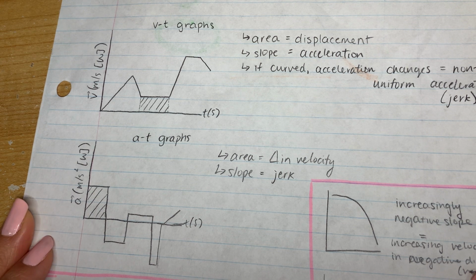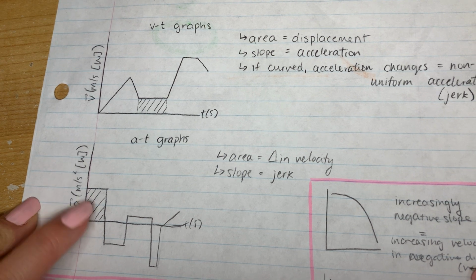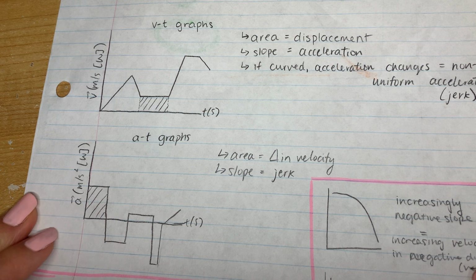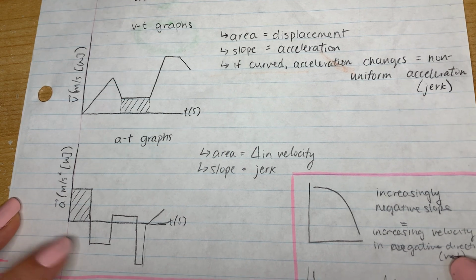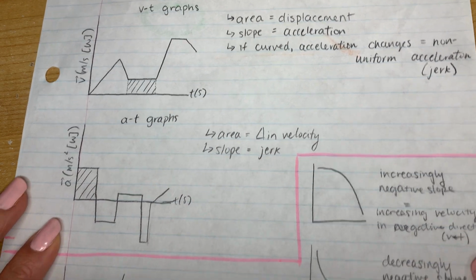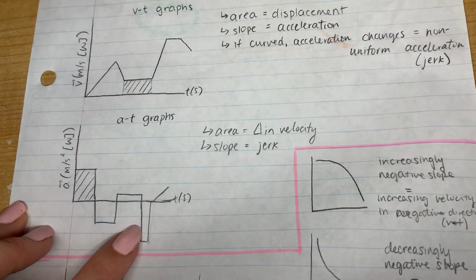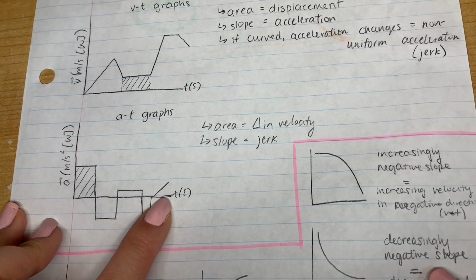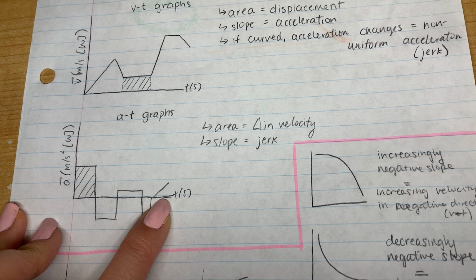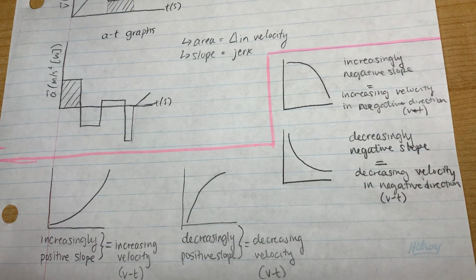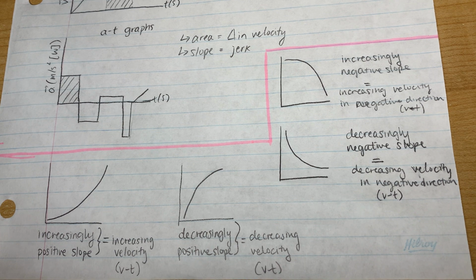You just need to calculate the area of that. And remember, everything above the x-axis is positive and everything below the x-axis is negative. And if there's a slope, so if there's a diagonal like this, it is the rate of change of acceleration or jerk.